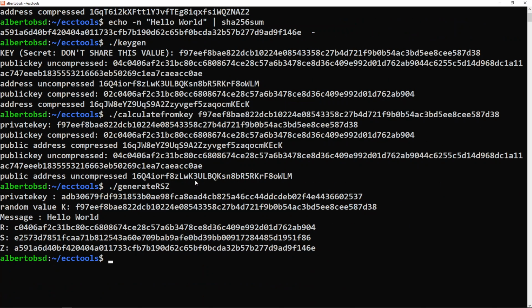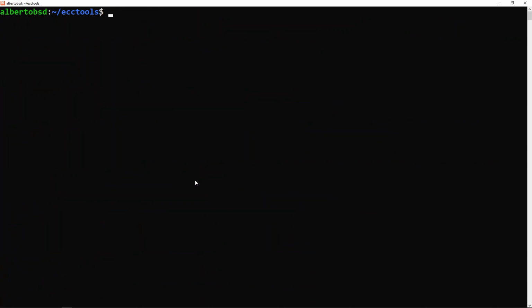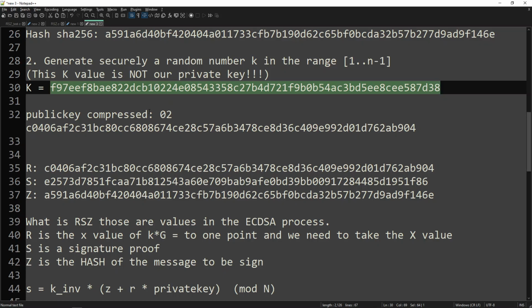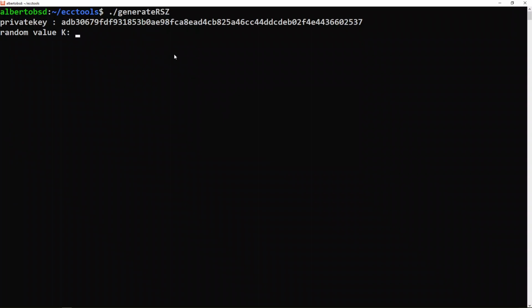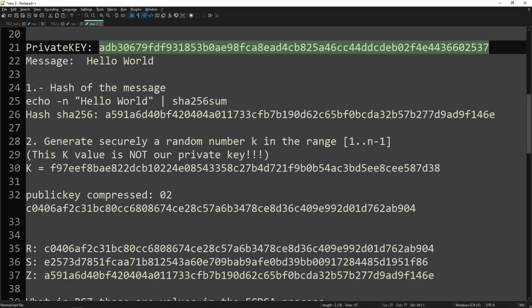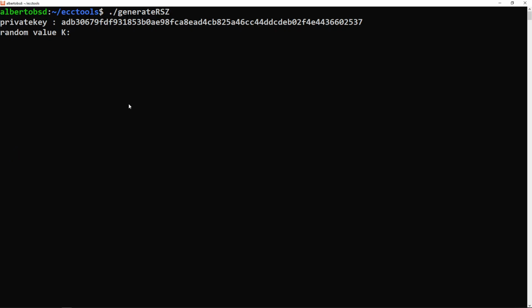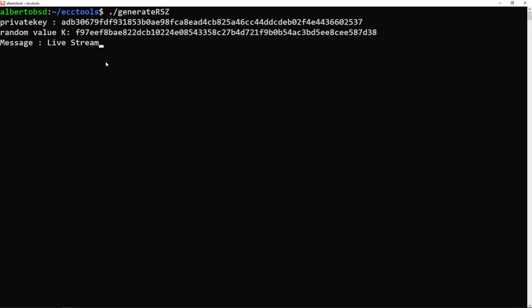Right, guys? Let me erase this. Clear. Generate RSZ. Private key is this value. Copy. And random value is this value. Okay. The message is live streaming.